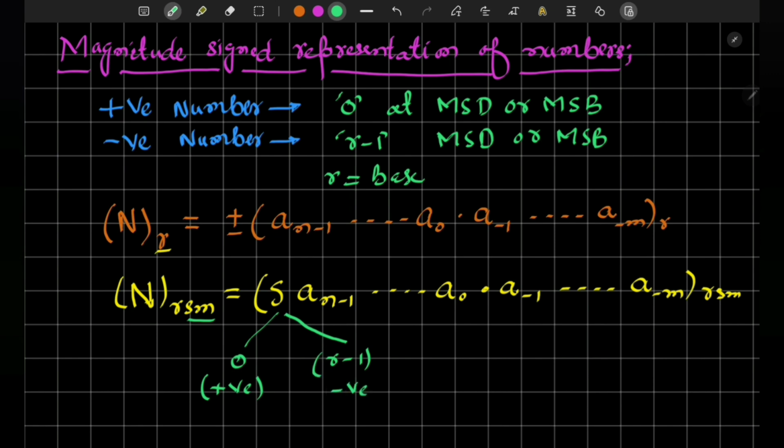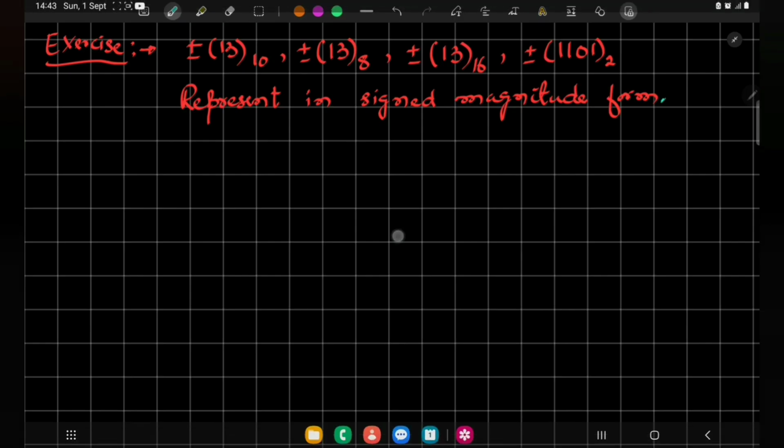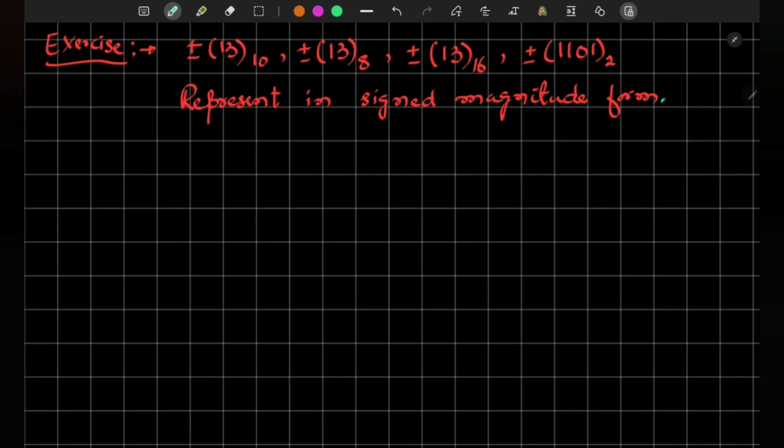the number is negative. To understand the concept, consider the following example in which we have the number 13 in different bases, and we have to represent this number in the signed magnitude form. So let us start with plus minus 13 in the decimal base. Let us write first plus 13 and minus 13 in base 10.